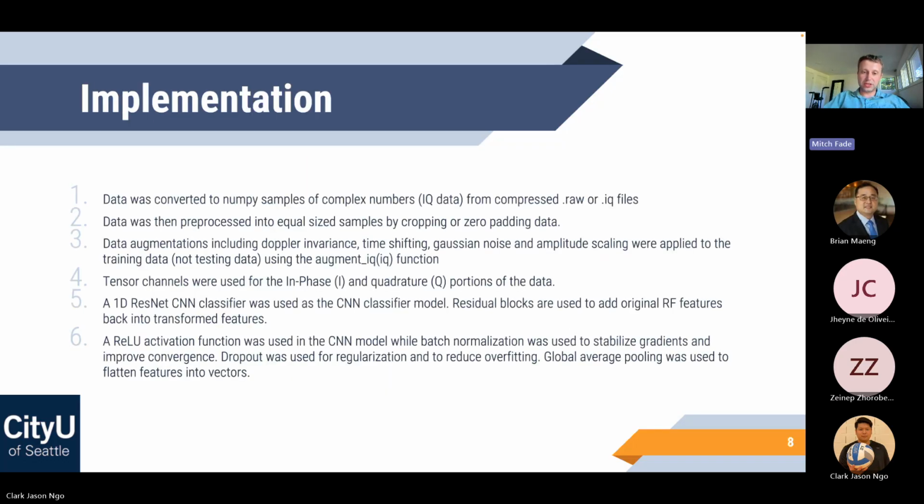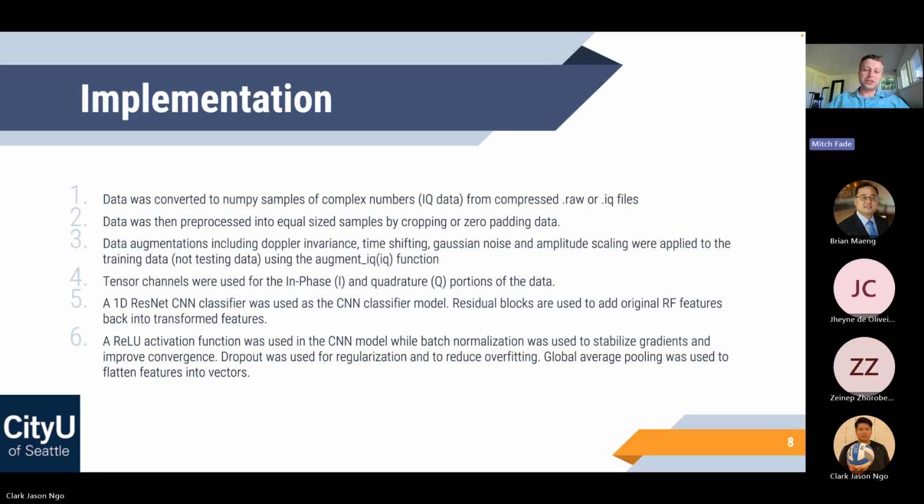For the implementation, the data was converted into NumPy samples of complex numbers from compressed raw and IQ files. The data is then processed into equal sample size by either cropping or zero padding the data. The data augmentations, including Doppler invariance, time shifting, Gaussian noise, and amplitude scaling, are then applied to the data.